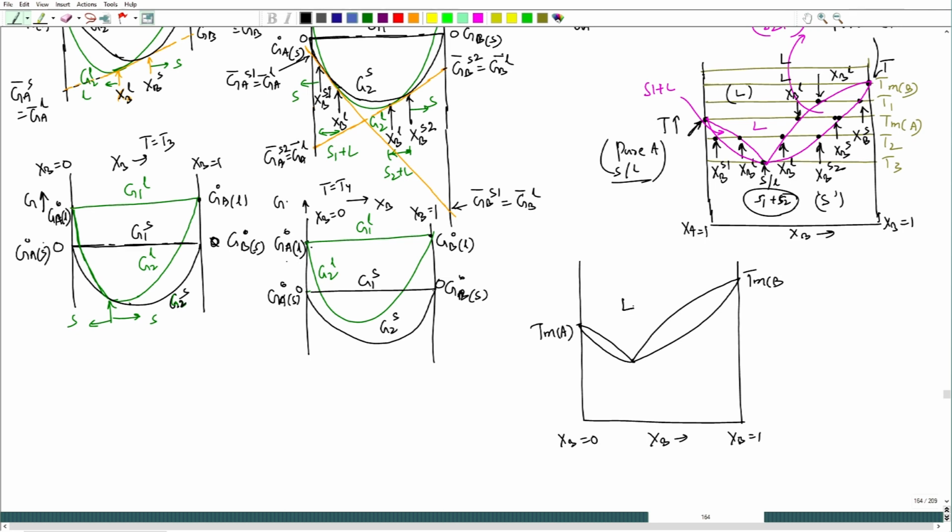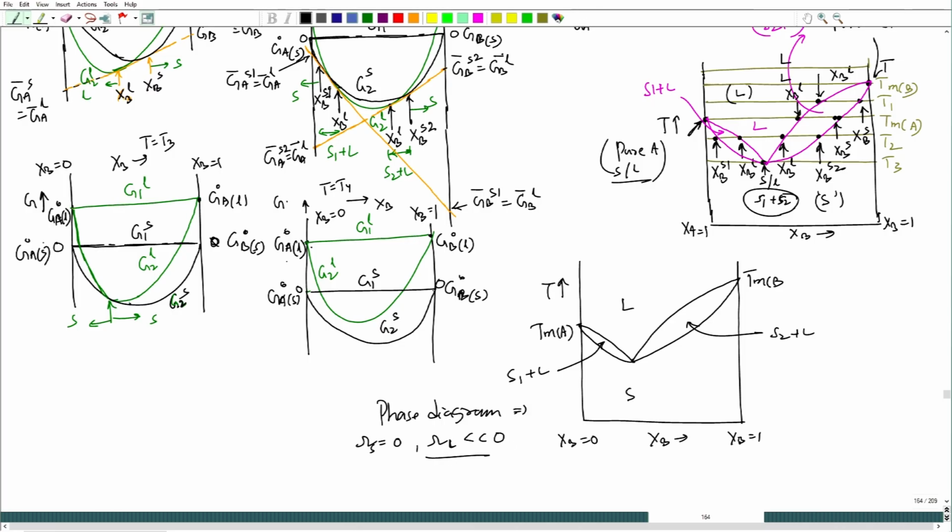So, this is liquid, this is solid, and here we have solid 1 plus liquid, here we have solid 2 plus liquid, okay, and this is the temperature. So, this is the phase diagram, typical phase diagram we will experience when omega s equal to 0 and omega liquid is less than 0.